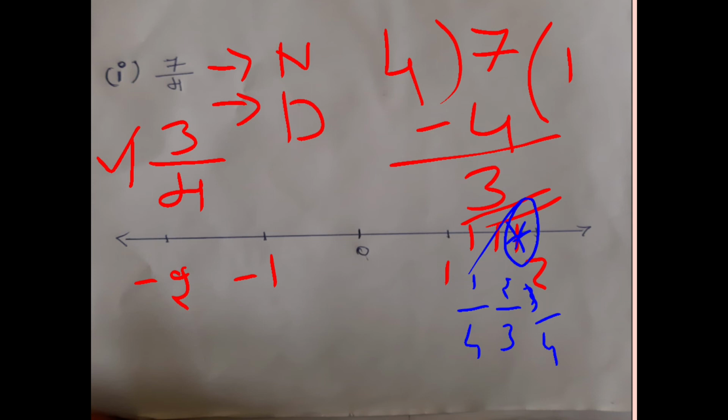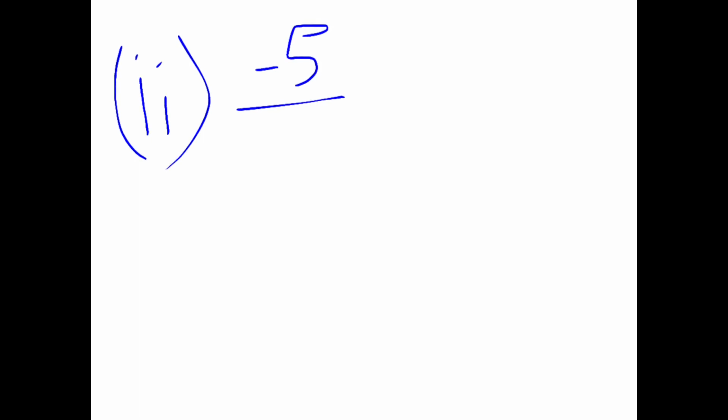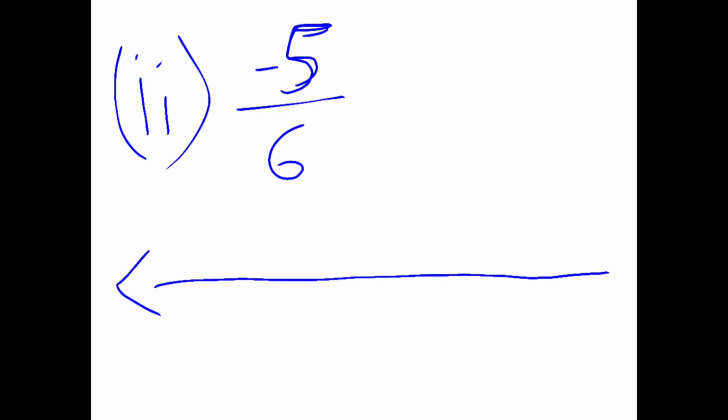Okay, hope you understood. Move on to the next question. That is the second sub question of your exercise 1.2 first main, minus 5 by 6. Okay, it is a negative number, so it comes to the left side of 0 on the number line.